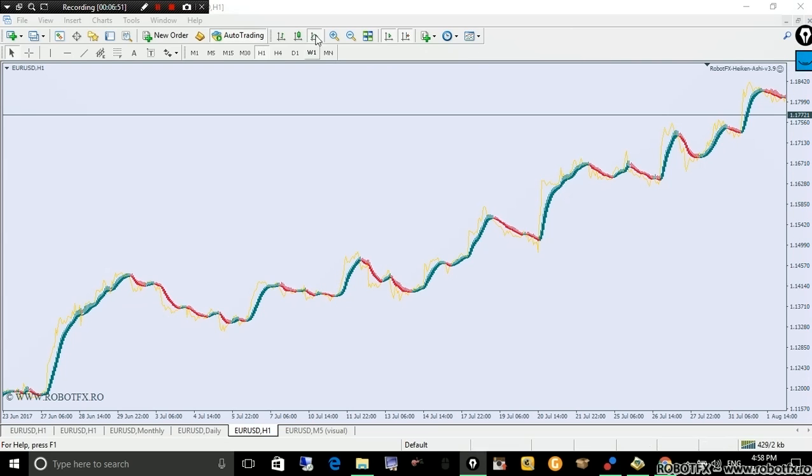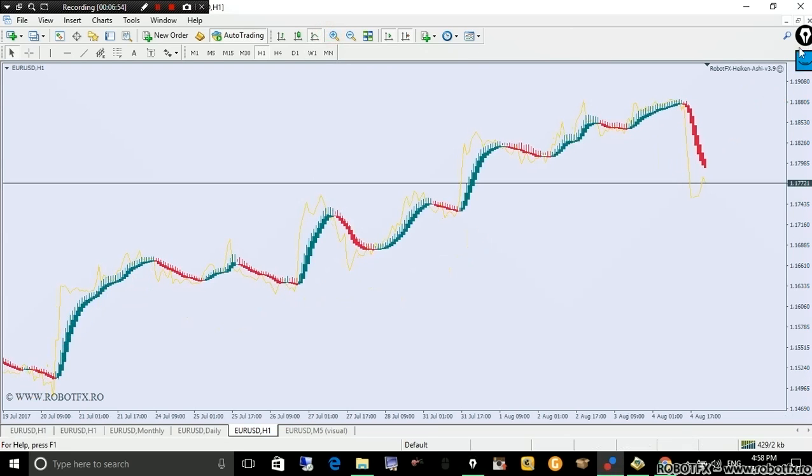You know what, let me zoom out again. That was not a good example. That's a good example. If we were in a trade right here, the Expert Advisor will open a buy here, and let's say it didn't close this trade, but it will have the next buy signal right here.